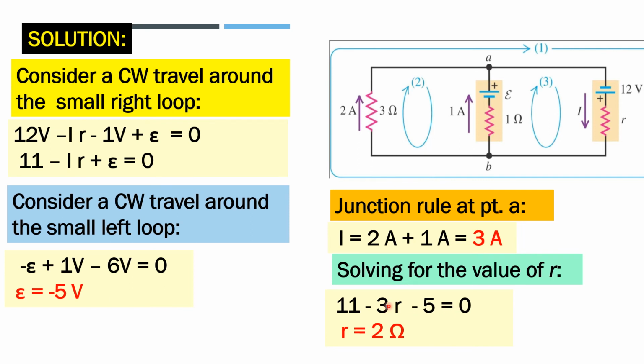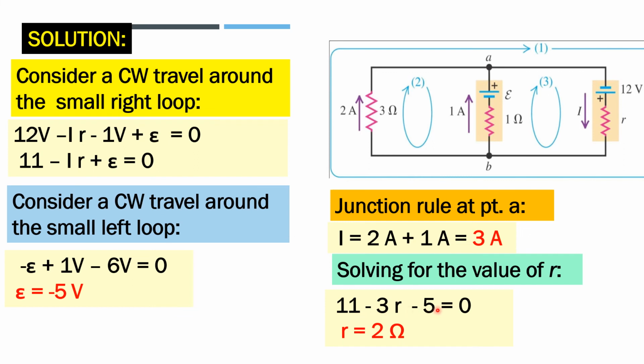3 is our value for the current, 3 amperes, to be multiplied by the internal resistance r, minus epsilon, which is the value for the unknown EMF, which we already got to be equal to negative 5 volts.